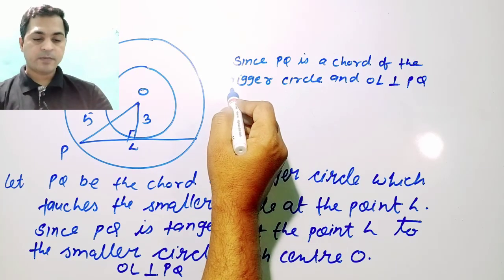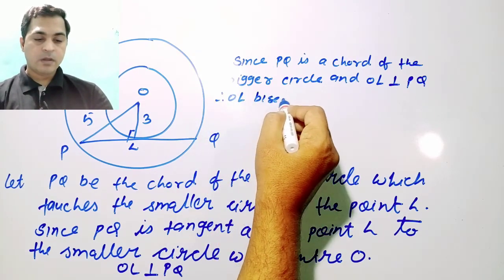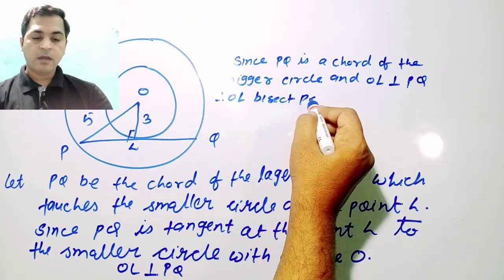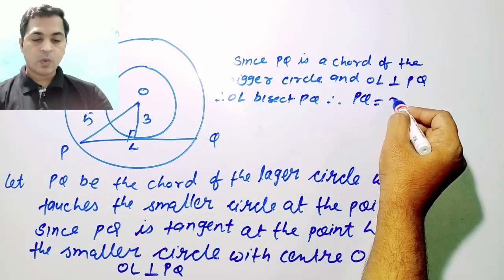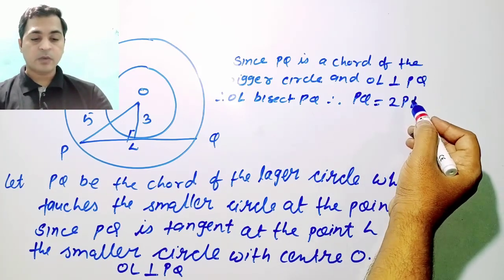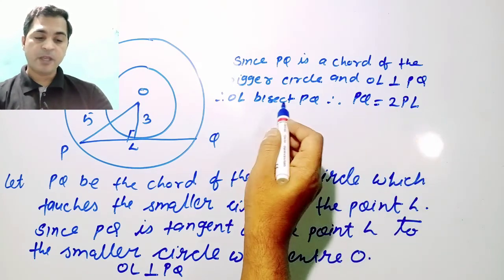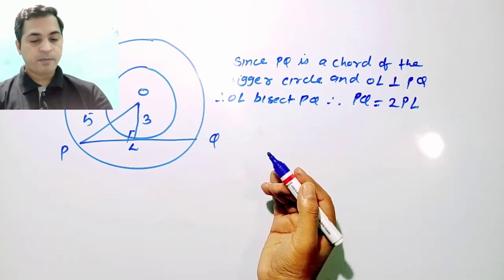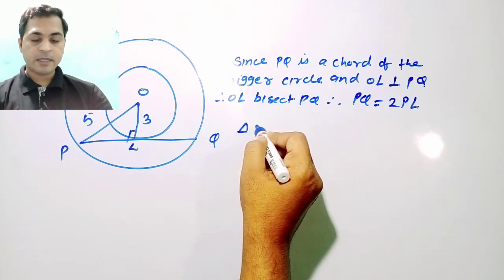So students, OL bisects PQ, so PQ is twice of PL, PQ will be twice of PL, right student? So let us clean these things.